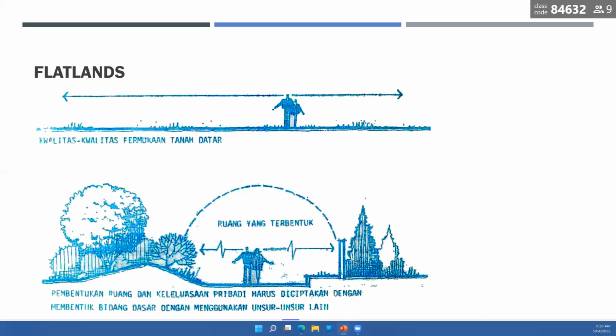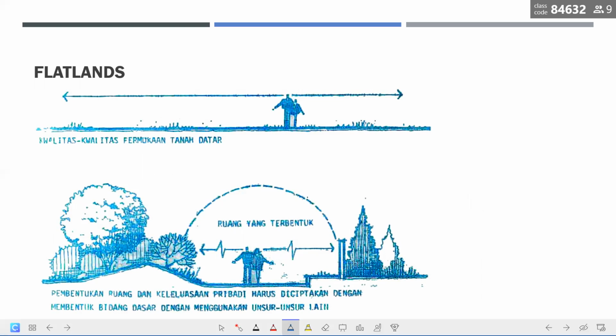So flatlands don't really feel like an enclosed space. They can be very open, and they can be easier to modify than any other types of landforms.